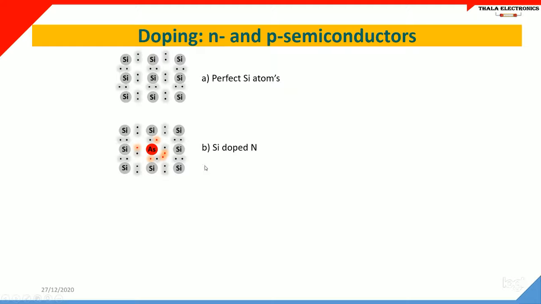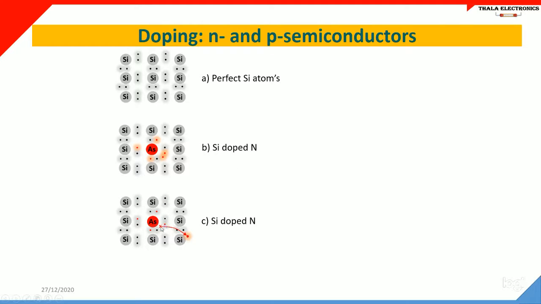Now, if we add some atoms of arsenic to this crystal, we will see that we can create 4 bonds, but we have 1 free electron, because arsenic has 5 electrons on its outer orbit.